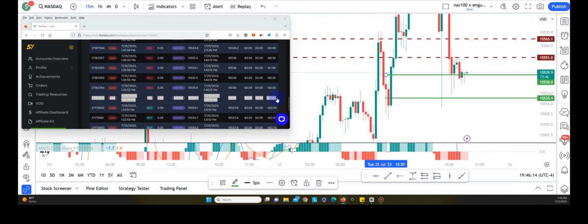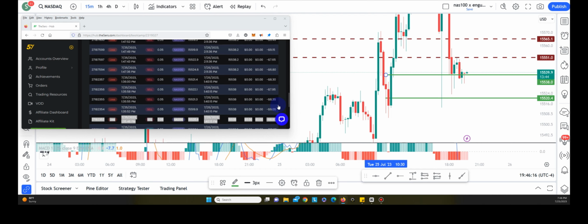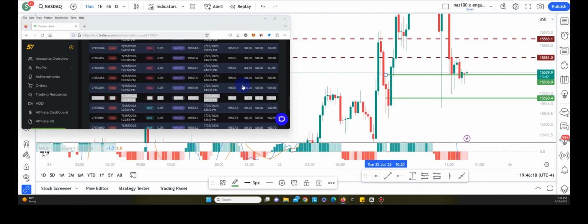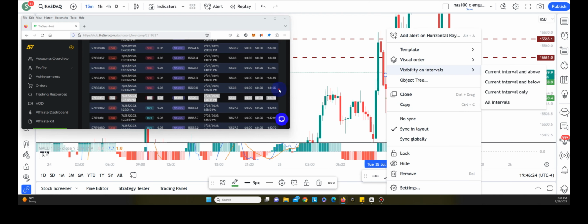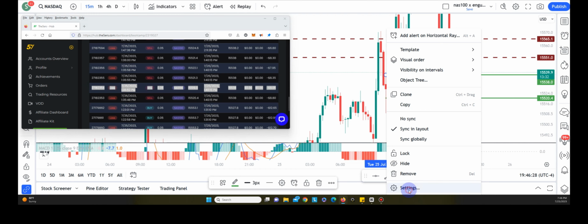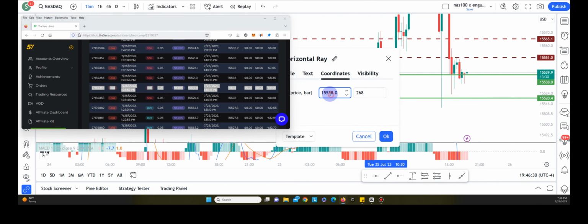So this first loss was a loss of 8.80, right? You can see all of these were 538 after. So I'll just move my entry price to 15,519.9.